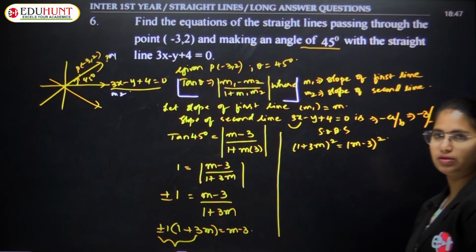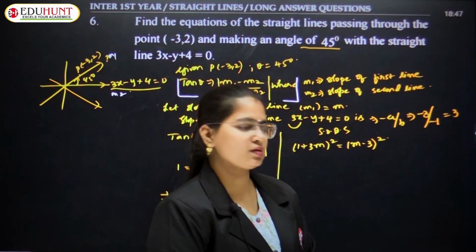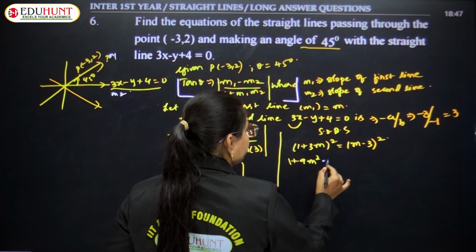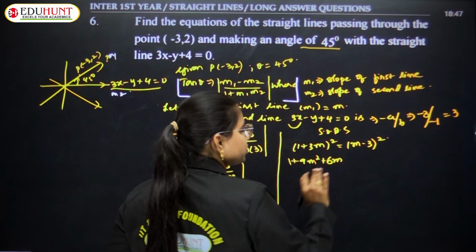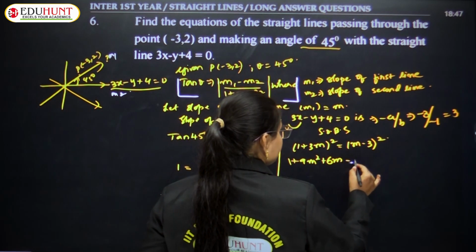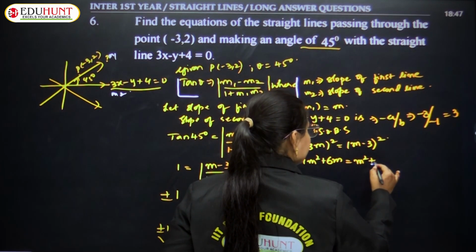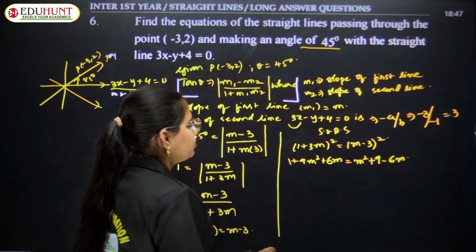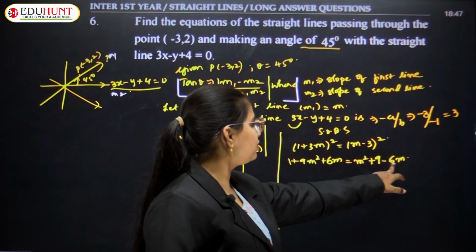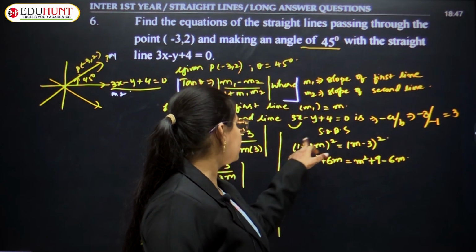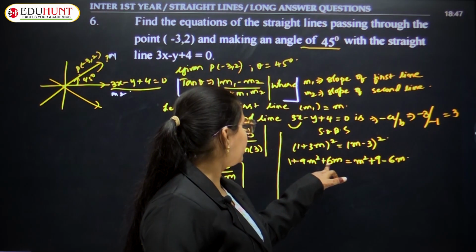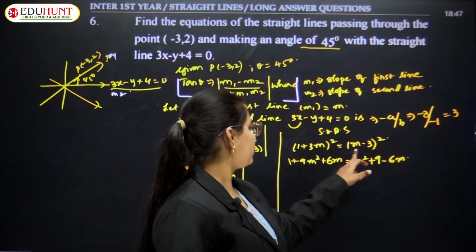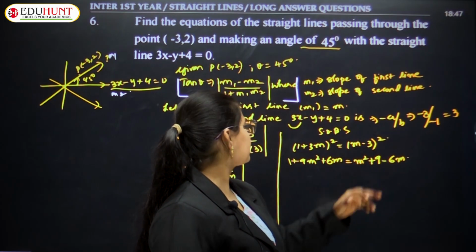Let us expand this. So 1 plus 9m square plus 6m, using (a plus b) whole square, simple, is equal to m square plus 9 minus 6m. Is it fine? Does 6m come? 1 squared is 1, 9m square, and 2 into 1 into 3m which is 6m. Done. (m minus 3) whole square gives m square plus 9 minus 6m.